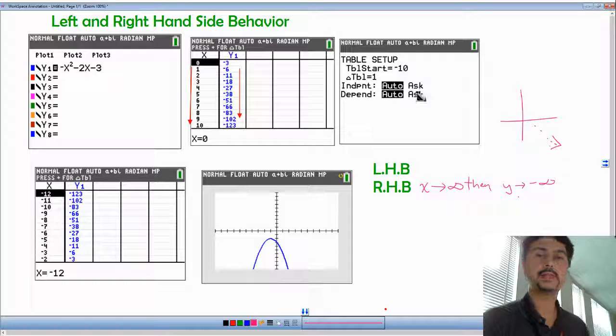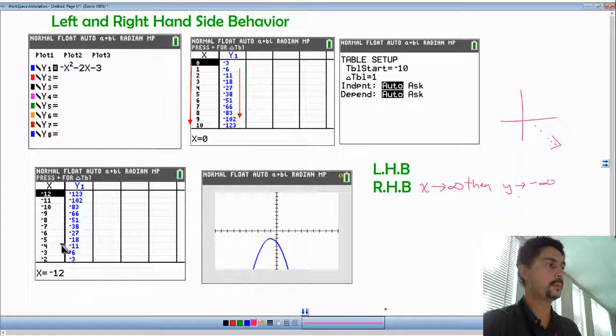And then there's a table setup feature where you can start your values at negative 10 and they go up by 1. When you get back to the table, you get a new table here, and you'll see that as x becomes more negative, y is also becoming more negative. So as x is going this way, y is also becoming negative, and there's some kind of action going in this direction.